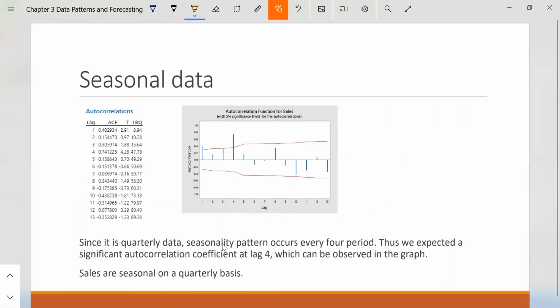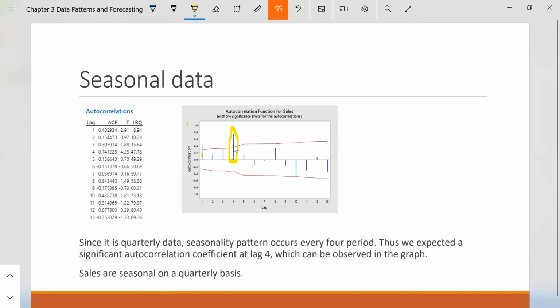All right. So next, let's examine the autocorrelation graph. Here's the Minitab output. What you would observe is that if you look at the spikes, or the autocorrelation represented by the spikes, for the fourth lag it is very strong. The fourth lag exceeds the red curve, okay?